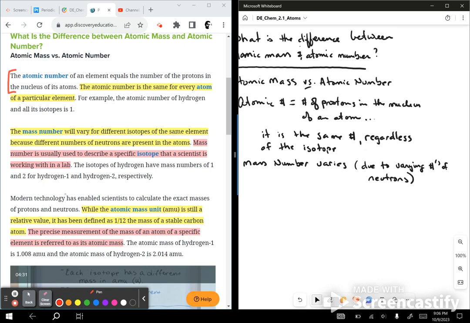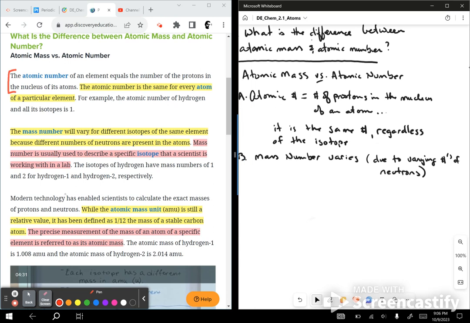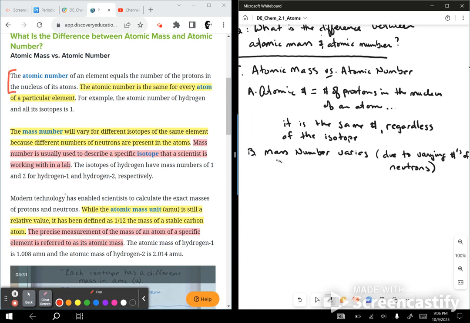And that makes your isotopes. Mass number is usually used to describe a specific isotope, okay? So, especially used to refer to an isotope of interest.